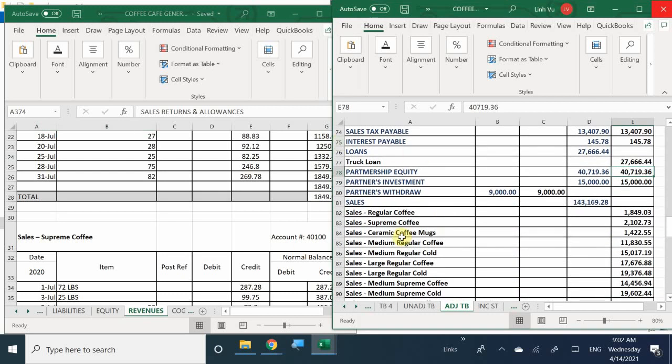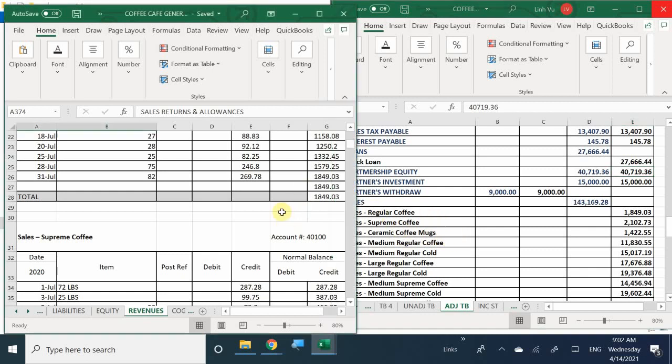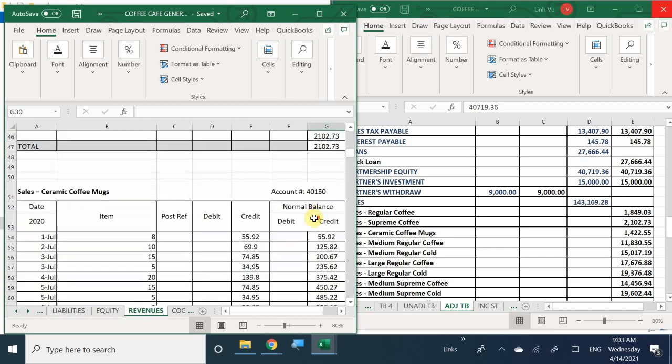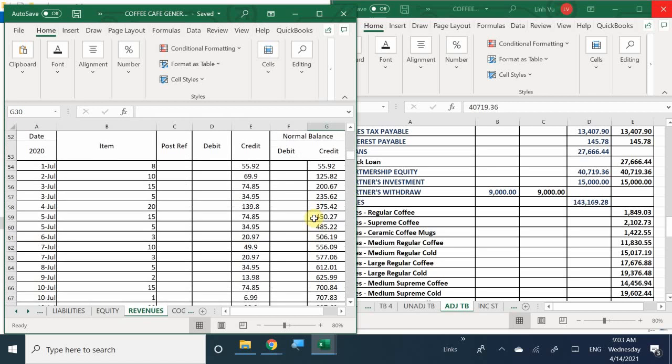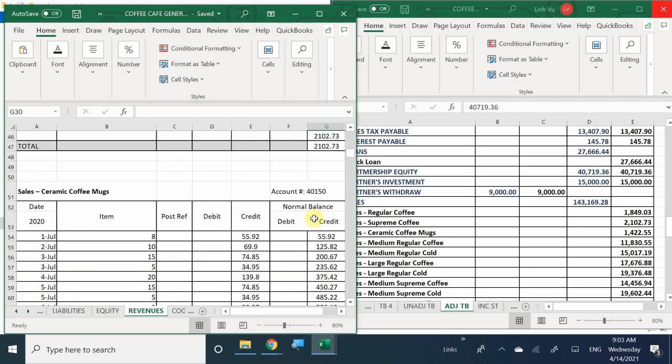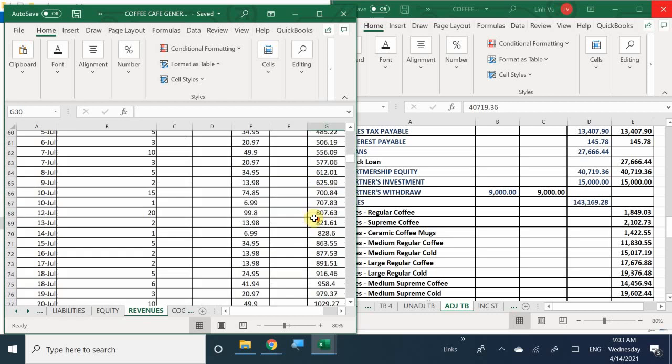First things first, what about our sales for regular coffee? Did that change? No. Sales for Supreme Coffee? No. And so on and so forth. Ceramic coffee mugs should have changed.